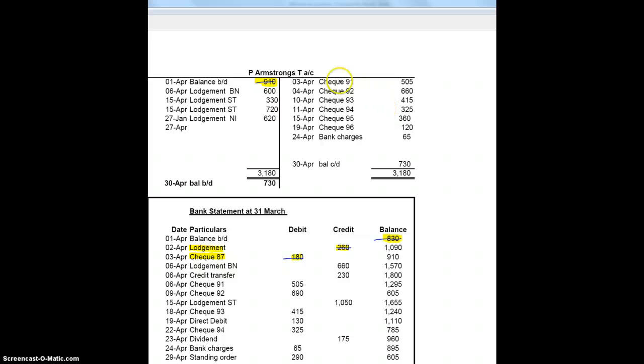So I match check 91 here to check 91 here, 505 versus 505, they agree. Check 92, it's 690 here versus 660 here, so this should have been 30 more. So I'll just write plus 30 beside that, and I'll cross this off.